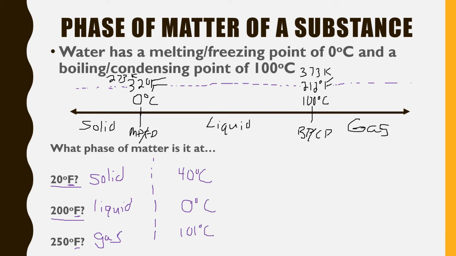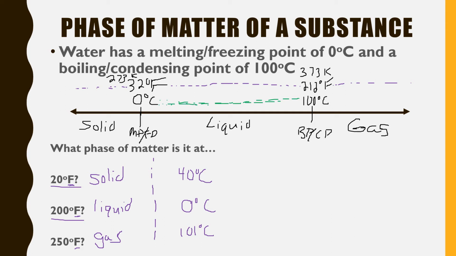Well, 40 is between 32 and 212, but that doesn't matter because we're not looking at Fahrenheit anymore. So let's get a new color. Now we're looking here at the Celsius. That's the only thing we're looking at now.